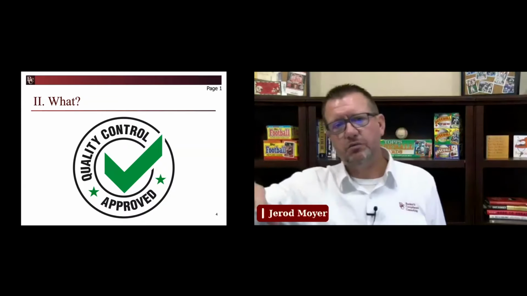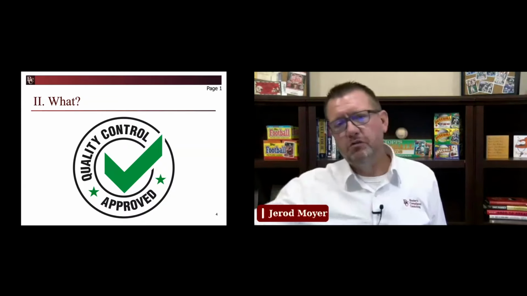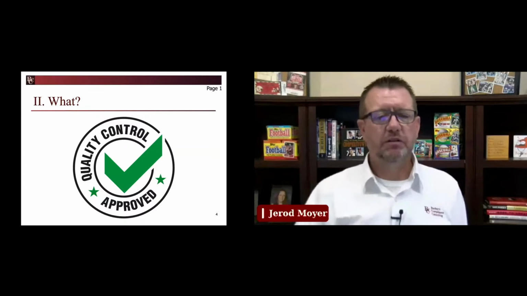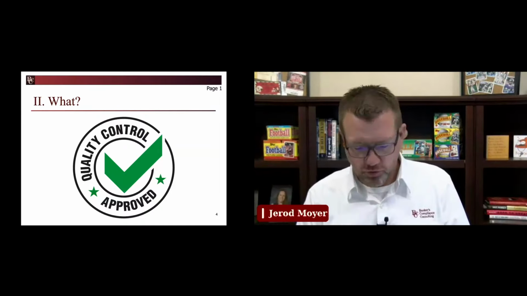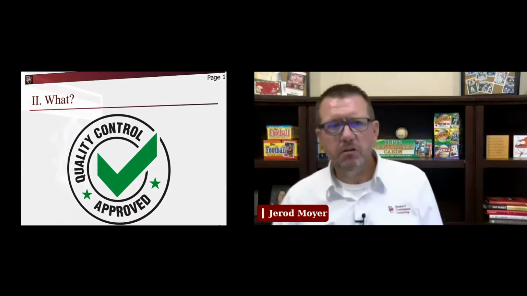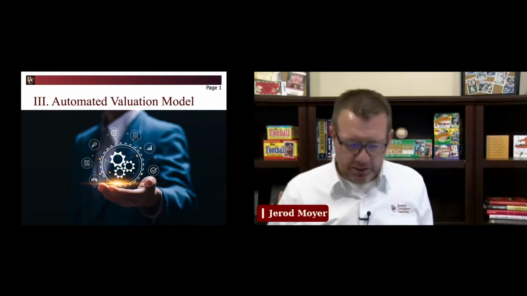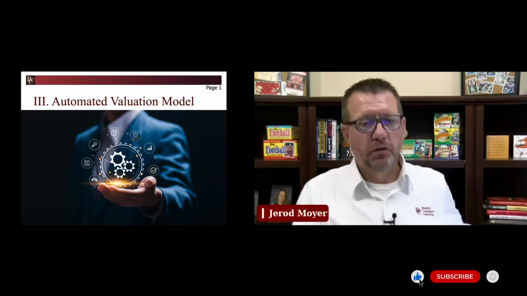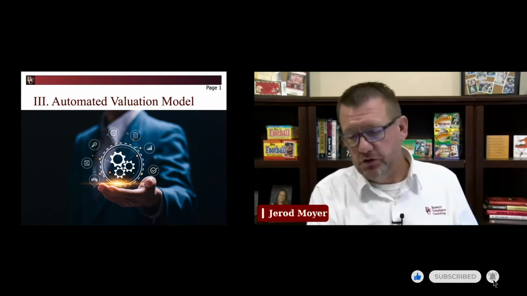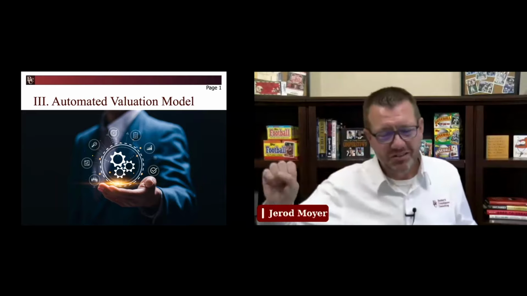Now, back to the slide on the screen, quality control standards. I'm going to show you what those are a little bit later on, but the end result is you have to implement what they refer to as quality controls. More on that in a bit. So what is an automated valuation model? Well, they've given us a definition in the regulation. It's actually alluded to in both your regulatory agency's version as well as the CFPB's version that's slightly different.